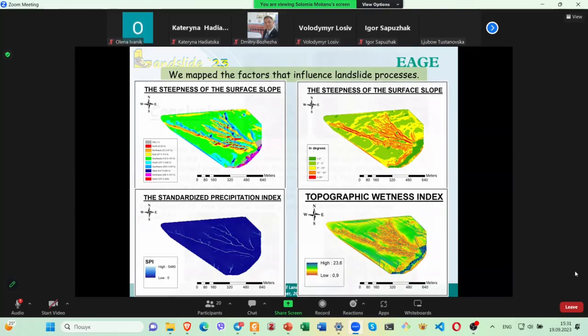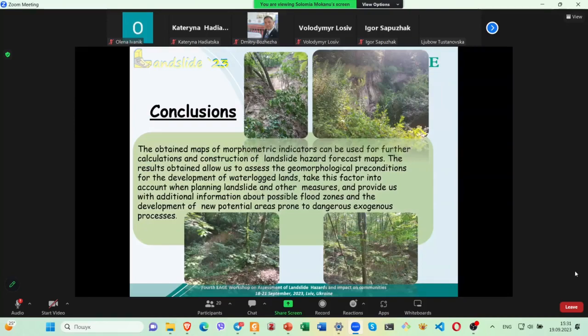So, in conclusion, we can say that the obtained map of morphometric indicators can be used for further calculation of landslide hazard maps. The result obtained allowed us to assess the geomorphological prerequisites for the development of waterlogged lands.